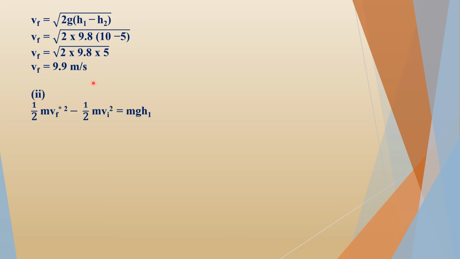And now we need to calculate final velocity at the surface of water, and that is half m Vf static square minus half m v initial square is equal to mgh1.